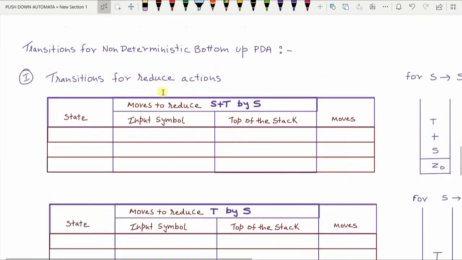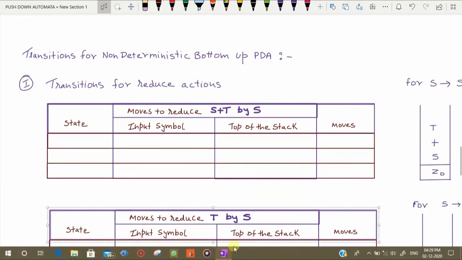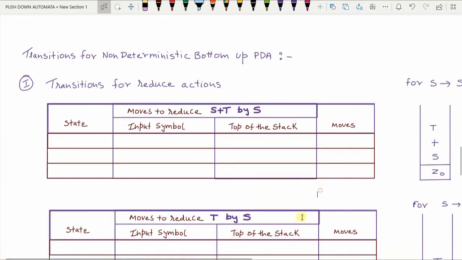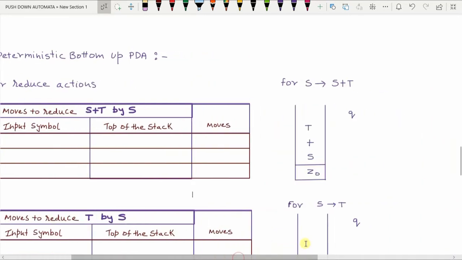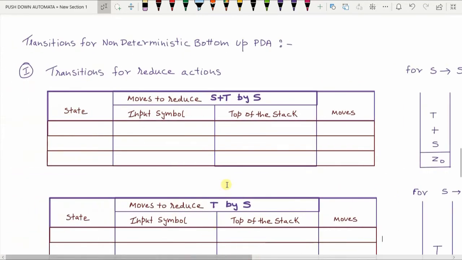The very first production given in the grammar is S gives S plus T. So let's design the transition table for that. The transition table contains the following columns. One, state: what is the current state?